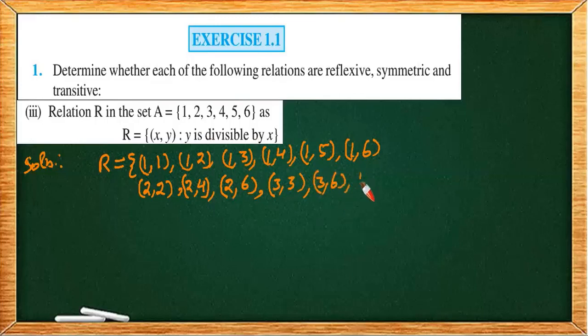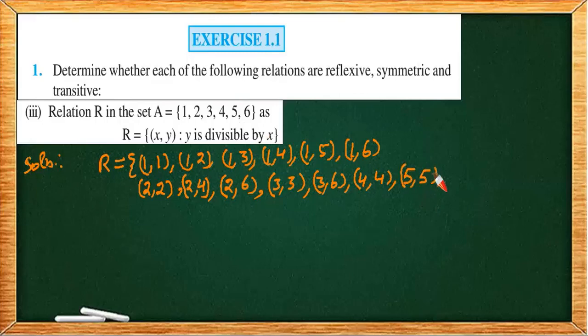Now we write 4 here. So when we take x as 4, then it divides itself. So 4 is related to 4. And then 4 is related to 8. 8 is not there. So we stop. Then we take x as 5. So 5 divides 5.